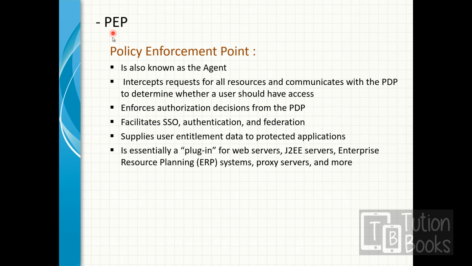I have explained a similar thing here. What does a policy enforcement point do? The policy enforcement point is also known as a web agent, which will intercept all the requests and communicate with the PDP to determine whether a user should have access or not. What the agent does is interrupt each and every request, and once the request has been interrupted, it passes it on to the policy decision point for further decision.